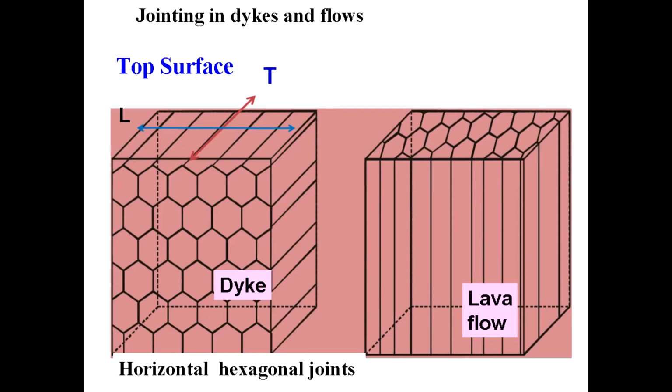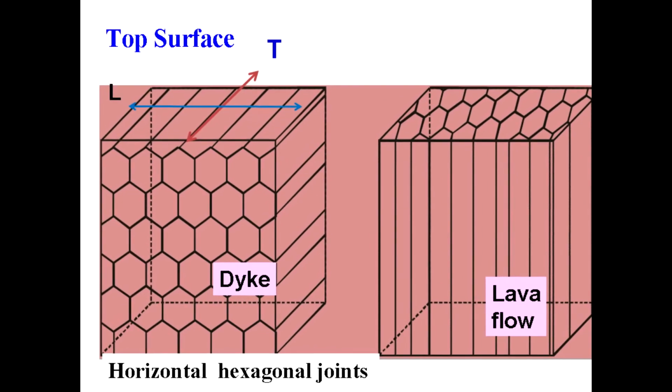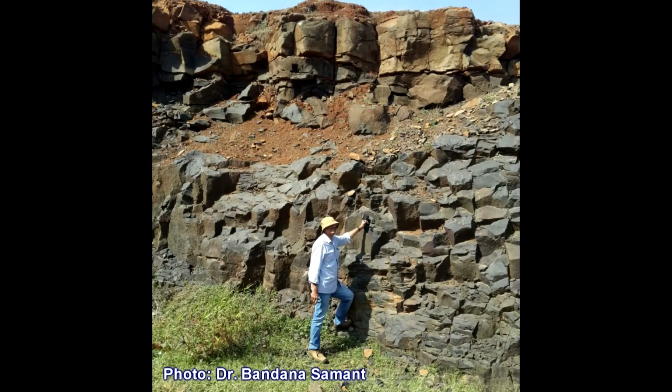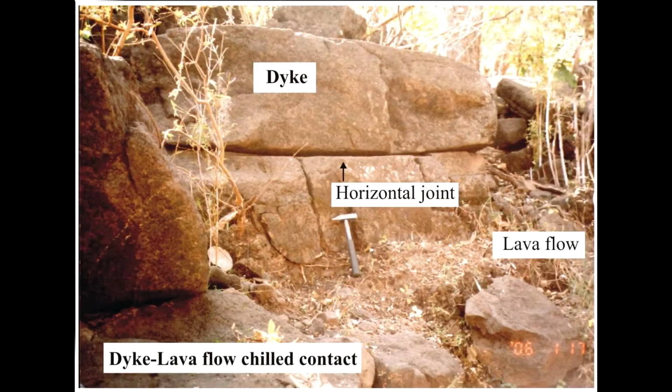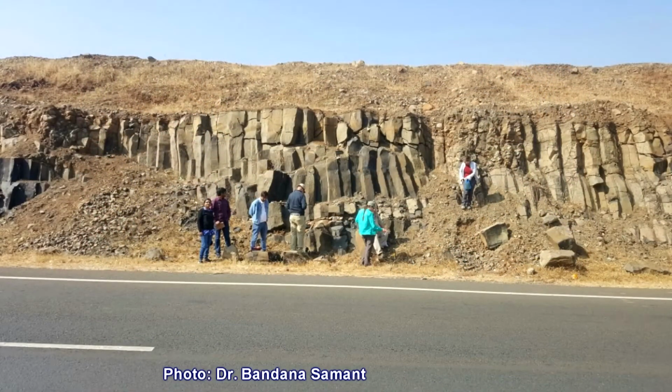When they are horizontally disposed, then it is certain that they are from dikes. Here I have shown one picture of lava flows with hexagonal joints. In the case of a dike, horizontally disposed hexagonal joints are shown in this picture, and in the case of a lava flow, joints are vertically disposed in the field. That is a very important character.